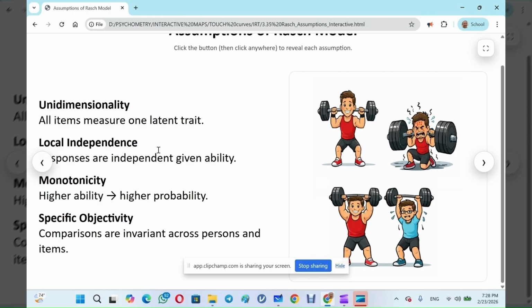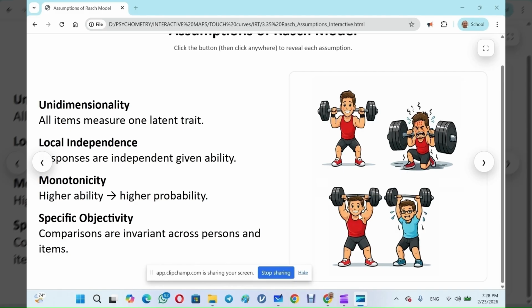To see this analogy, we see it here. You see this guy in red, he's a muscular guy, so he has more ability to lift the weight, I mean the barbell. The other one is thin, so this symbolizes less ability. But both of them are lifting exactly the same barbell.